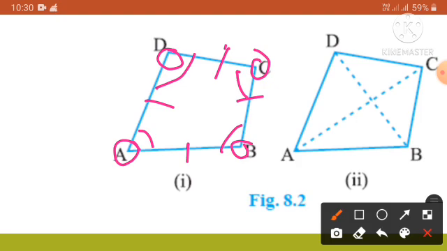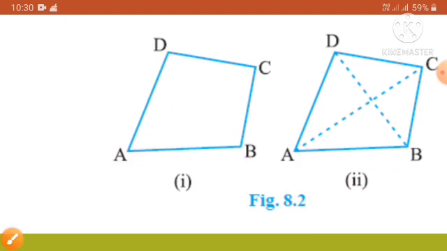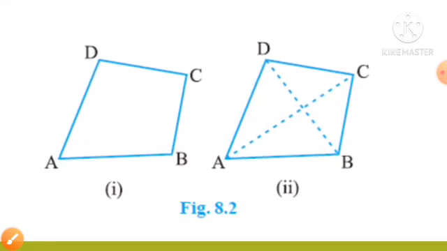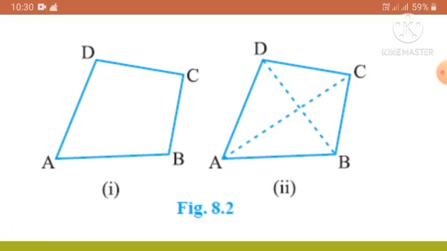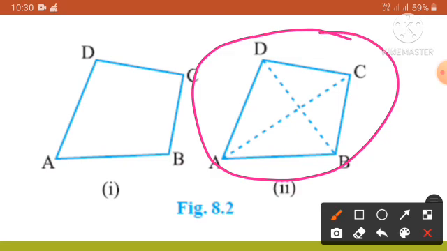Now join the opposite vertices A to C and B to D in figure number 2. AC and BD are now the 2 diagonals of the quadrilateral ABCD. Got it?